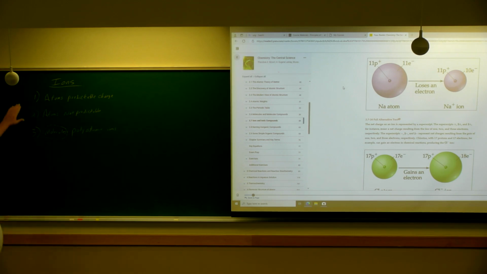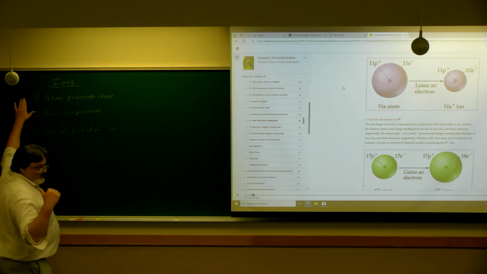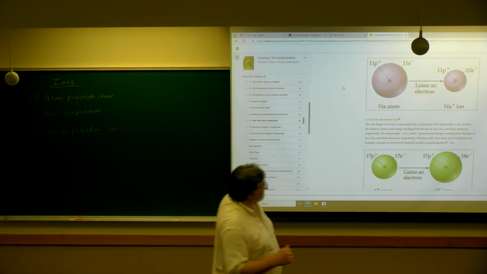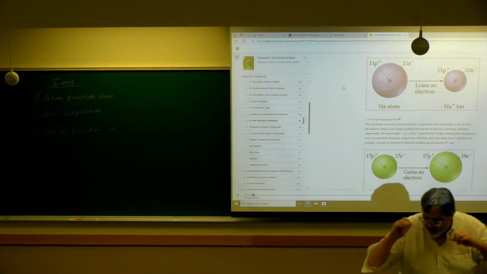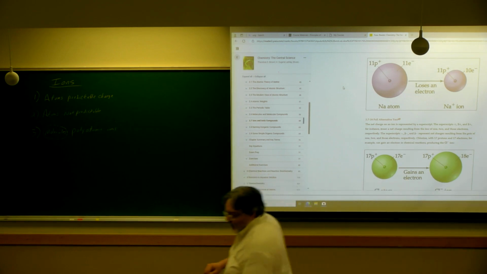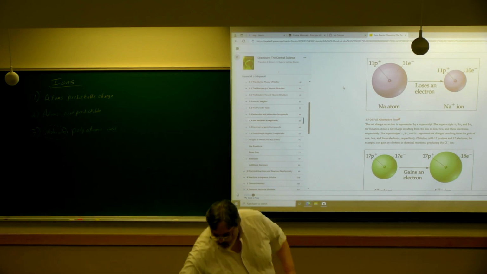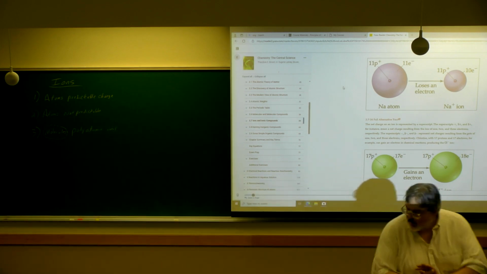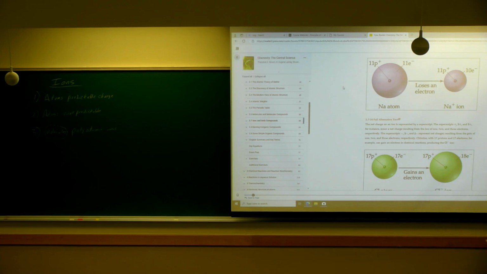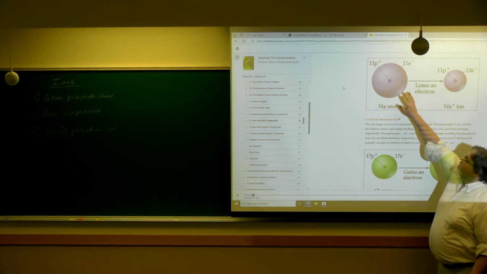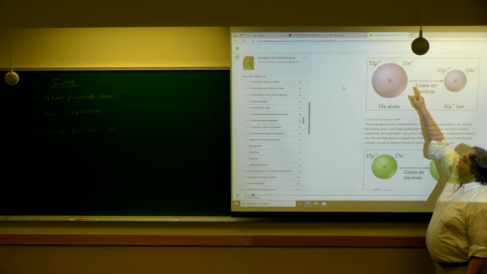But okay, so I'm back here. I mentioned the ones that are completely predictable. And you can think of an ionic bond, an ionic compound, like this. You've got a sodium atom that's nice and neutral. It's got 11 protons, 11 electrons.